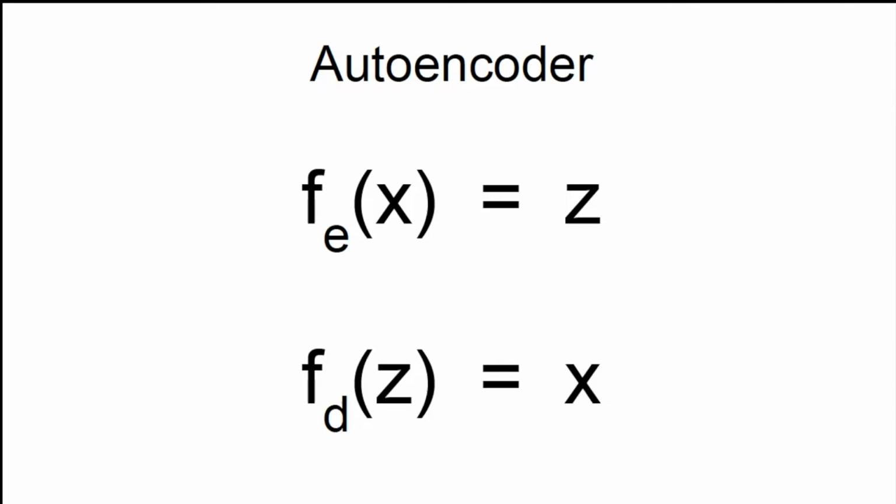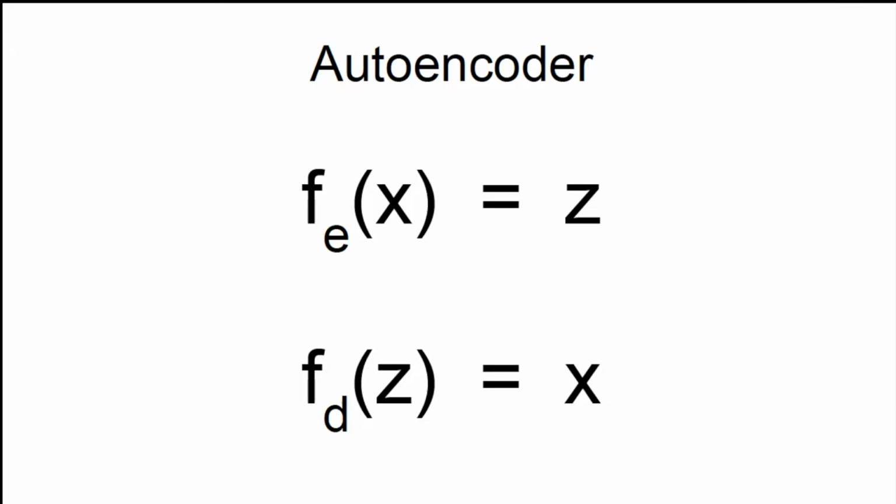And a lot of the times, the dimension of that code is smaller than the dimension of the input data. So that's the encoding part of the autoencoder. Now, because there's an encoding part, there's also a decoding part. That's the second function here, that takes your embedding and from the embedding replicates the original input.